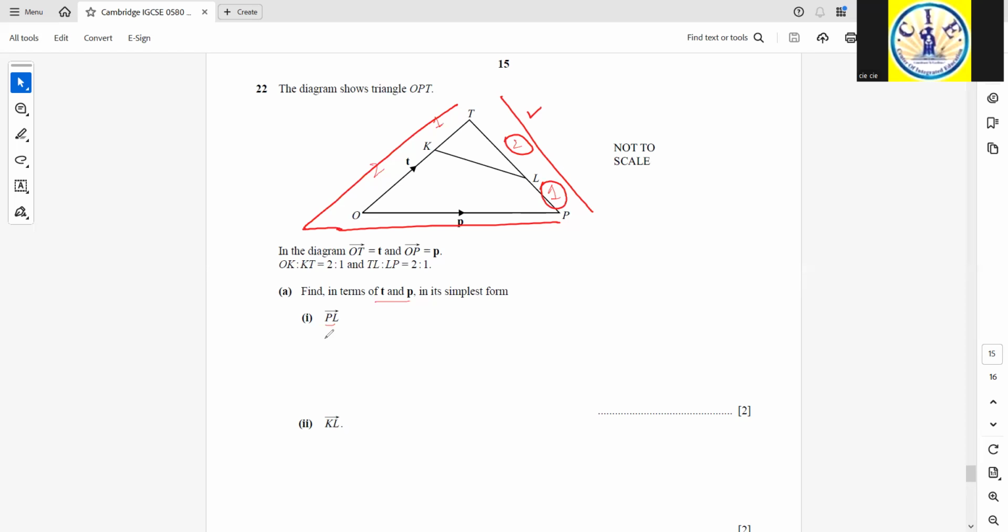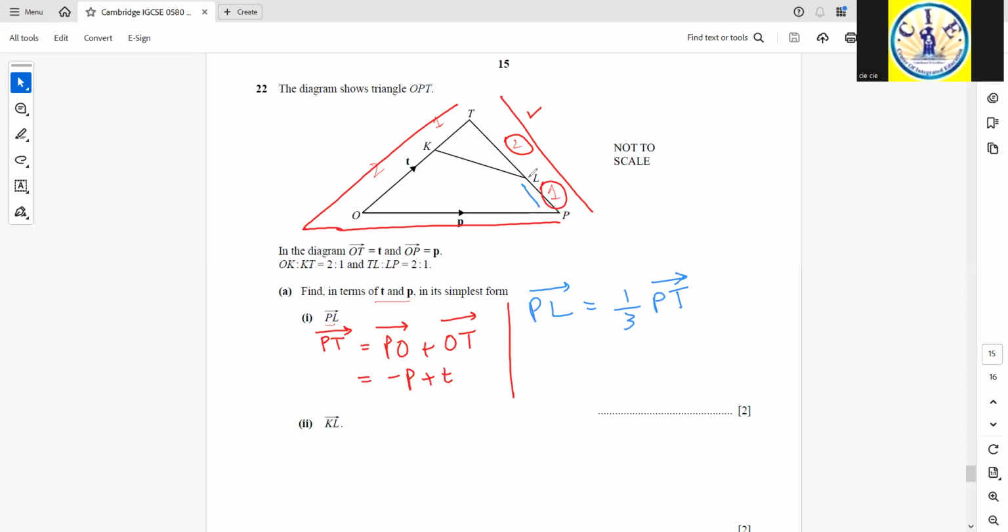So let's first of all calculate PT, that is PO plus OT, that is negative P plus T. And then once we have got this PT, this PL is actually one out of three portions of PT.